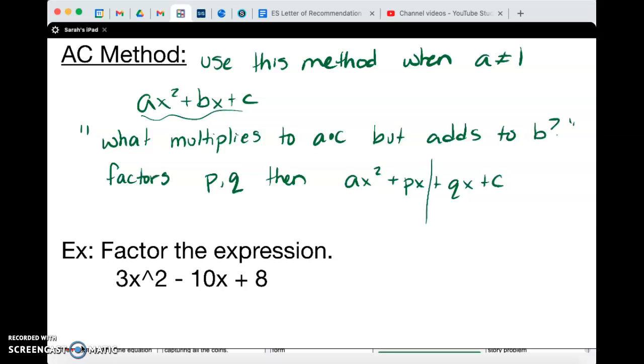Okay, so our first example, we have 3x squared minus 10x plus 8.